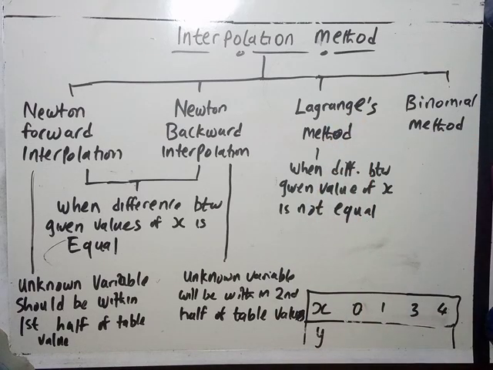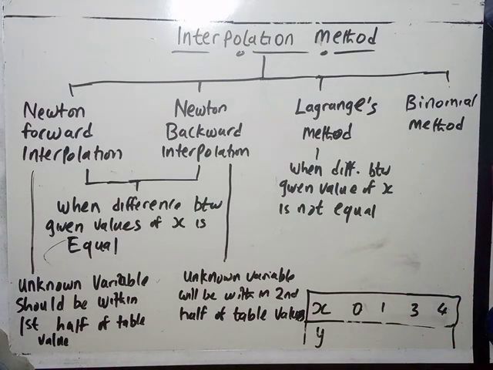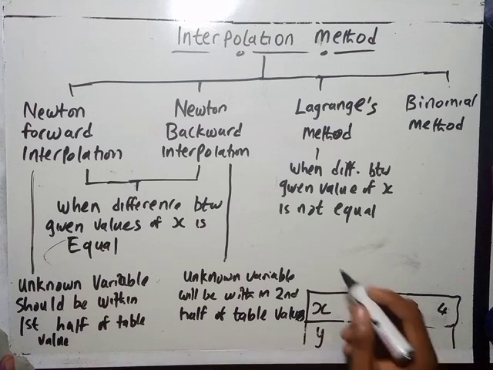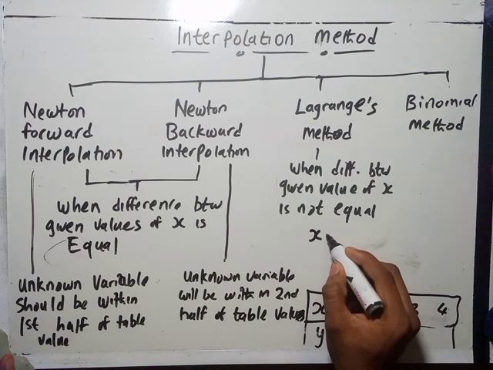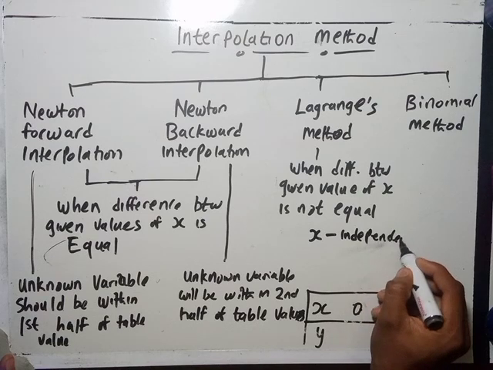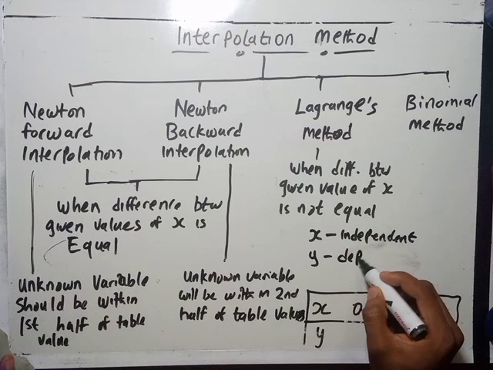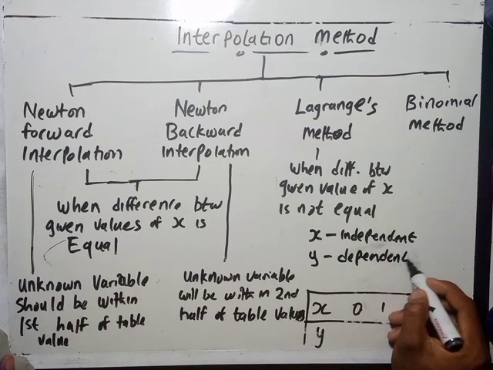Now, for your binomial, it is a special case. This one is used when you are given the value of y to find x. So in maths, we normally represent our x as the independent variable and y as our dependent variable.